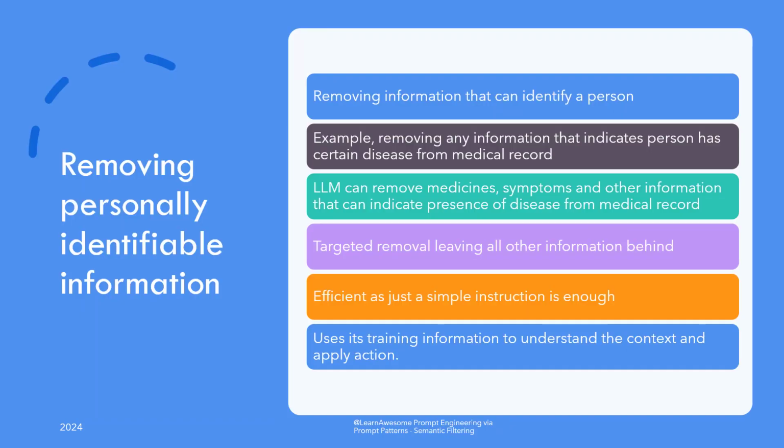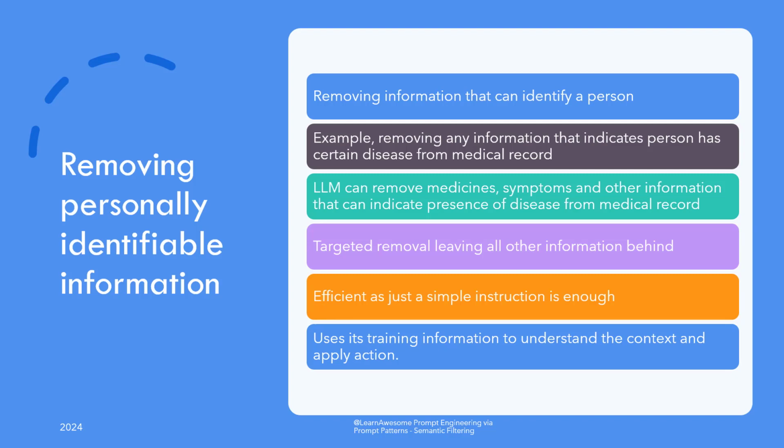An even better example I came across was removing information from a medical record that would help identify that the person has diabetes. This so beautifully sums up what masters of text and knowledge large language models are, as it would remove all medicines, symptoms, and any other information that can help someone figure out that the subject has diabetes. It uses its immense internet knowledge to filter out such information.